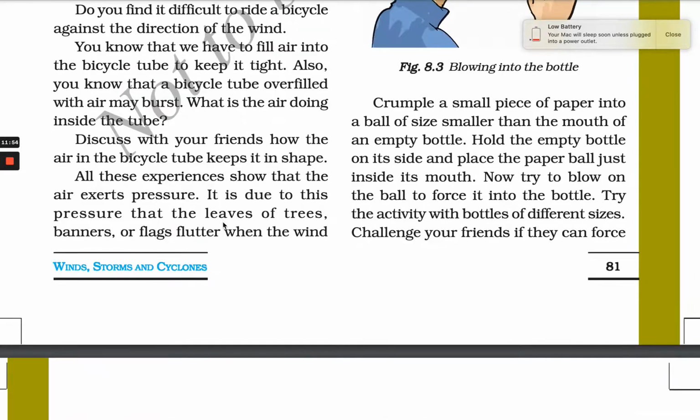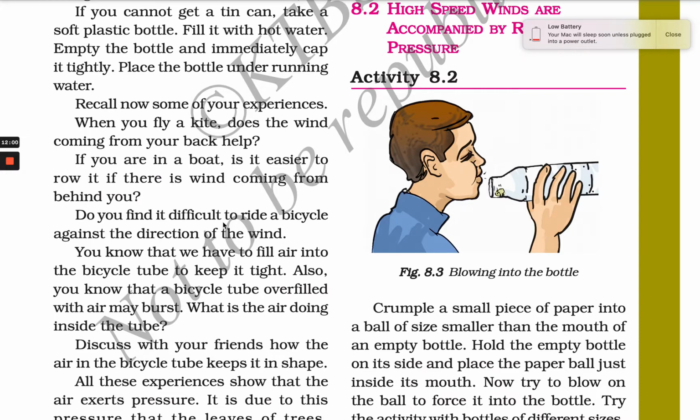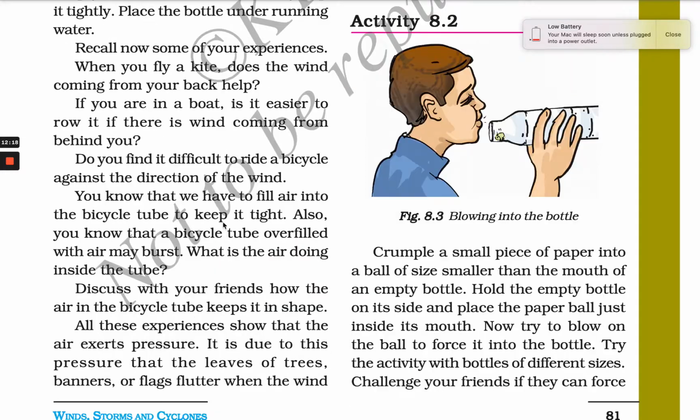It says, take a bottle and take a piece of paper and crumple it to a size much smaller than the mouth of the bottle, and put the crumpled piece of paper in the front of the bottle near your mouth and try to blow it. What happens? If you blow the paper, it hits the end of the bottle and comes back to you, right? So, why does this happen?